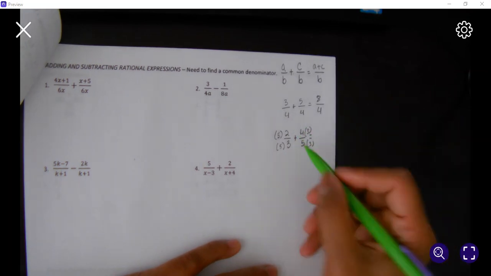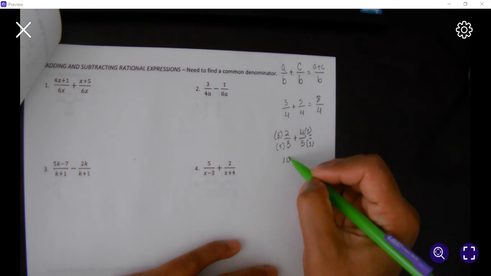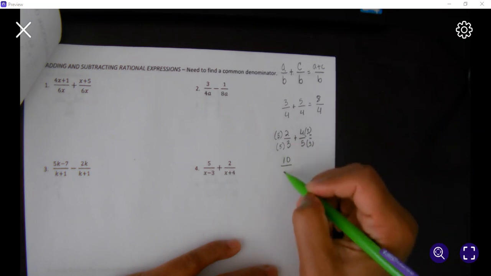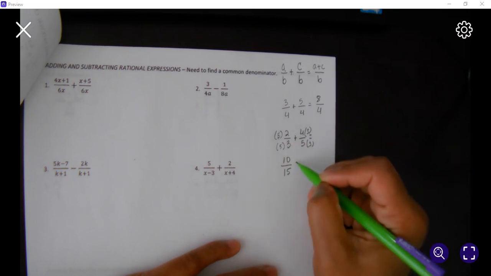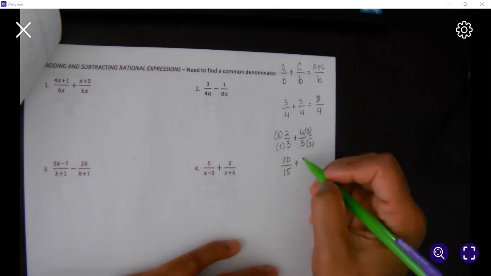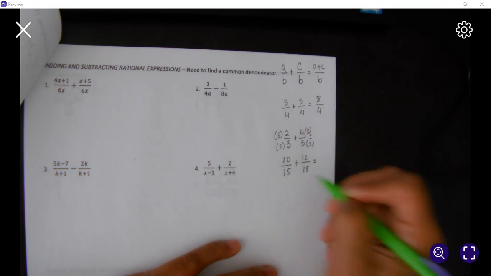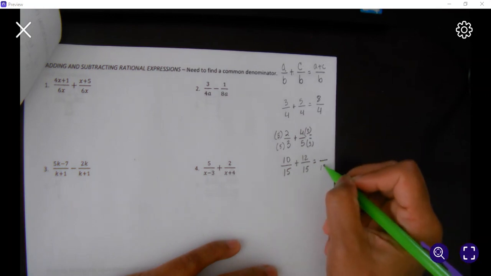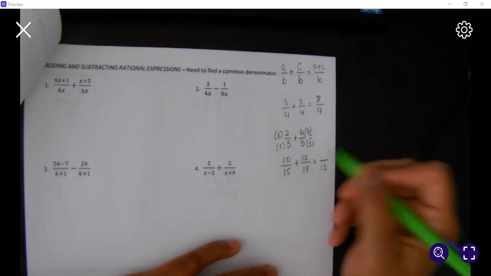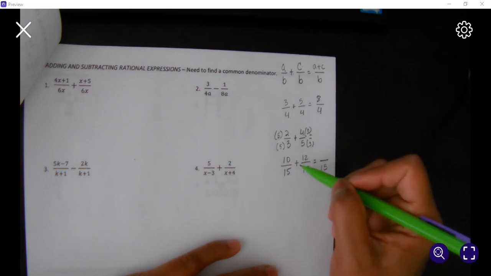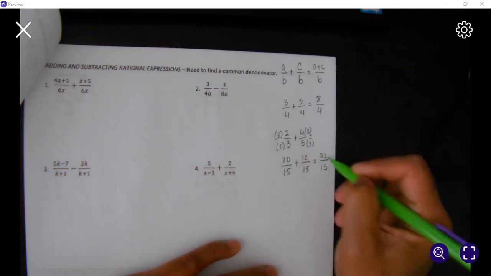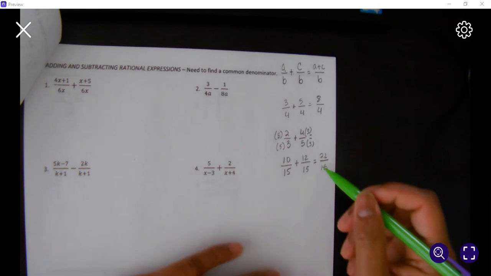So you would end up having 5 times 2, which is 10, over 5 times 3, which is 15, plus 4 times 3 is 12, over 5 times 3 is 15. Now that we have a common denominator, you bring that over and add the numerators. So 10 plus 12 is 22, and that would be my answer.